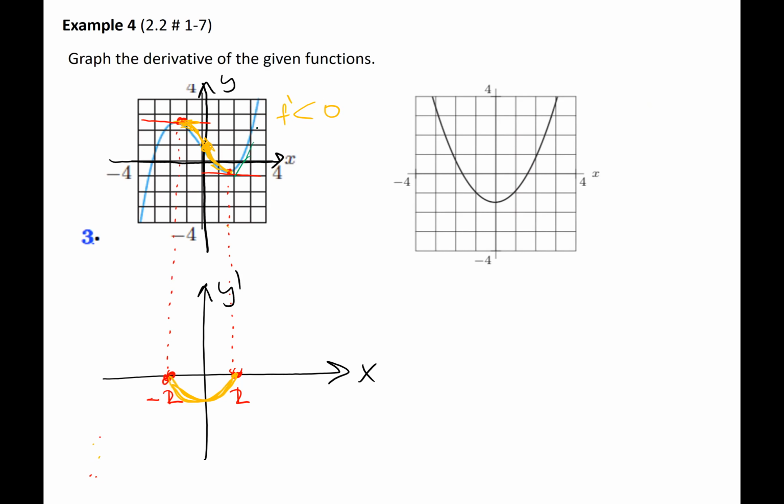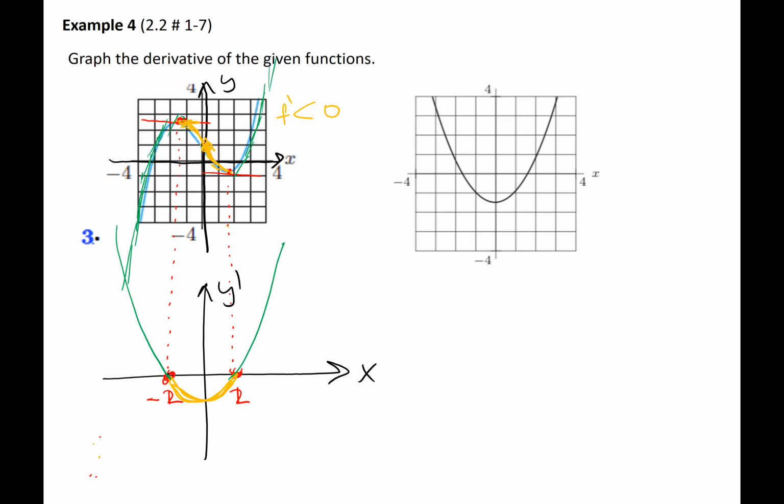The slope is definitely positive, and it's big. This is almost the mirror image. It's also positive, but it's getting from really steep to 0. Okay, that's the graph of the derivative, just using the slope of the tangent, the slope of the curve.